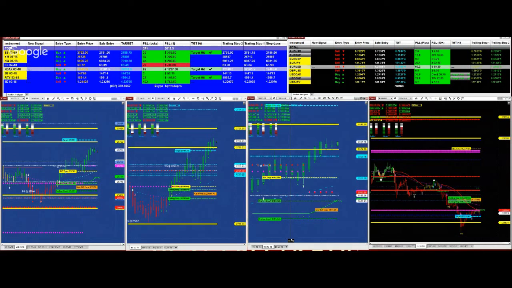One part of the market is your fibs, and another part of any trading system is your momentum, because your momentum can guide you on this market.